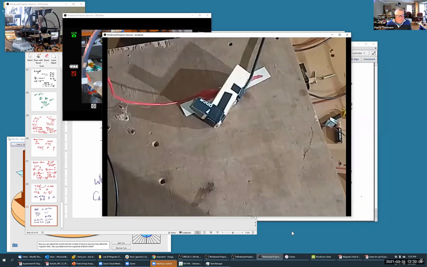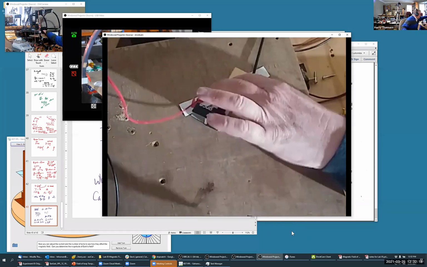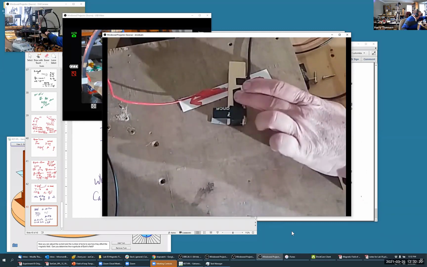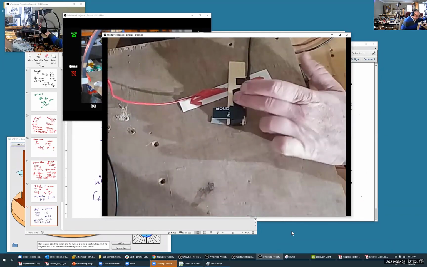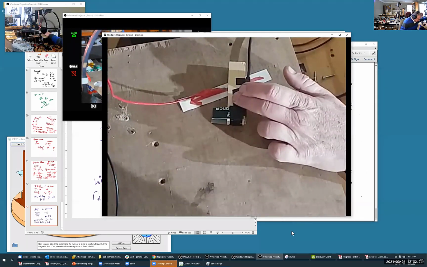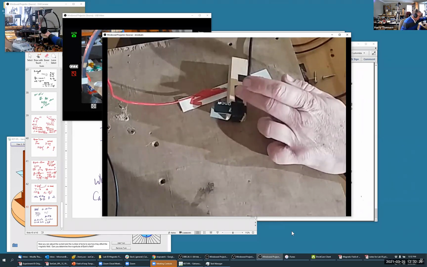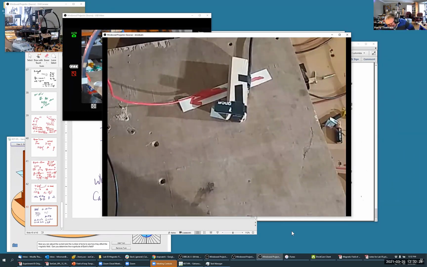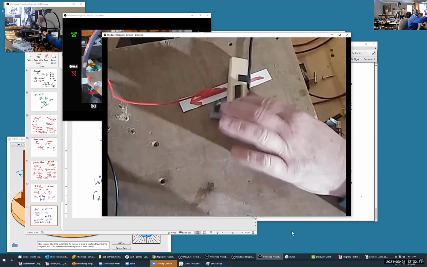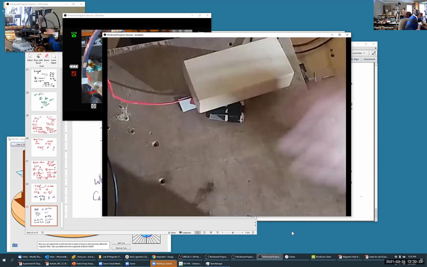Although maybe I do care, because I want the horizontal component, right? So we'll just get a ballpark figure here, because I have to figure out how to extract only the horizontal component. So I'm weighting that down.